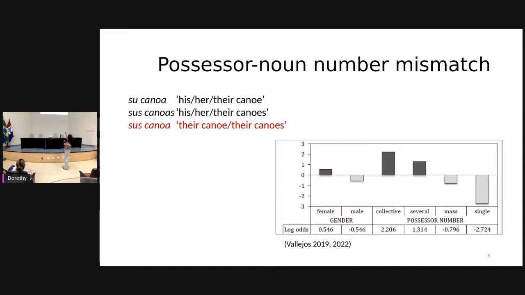Is this pattern, this innovative pattern in red that hasn't been documented for other varieties of Spanish. And as you know, in Spanish possession, like su canoa, sus canoas, you have the singular concord and the plural concord, and what matters there is the number of the possessed element, right?